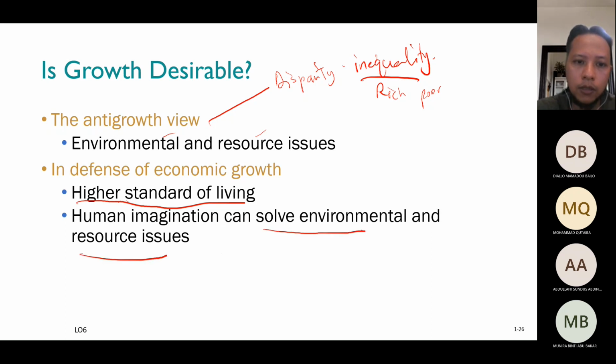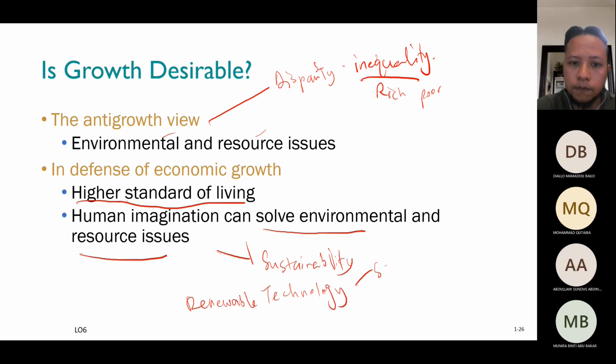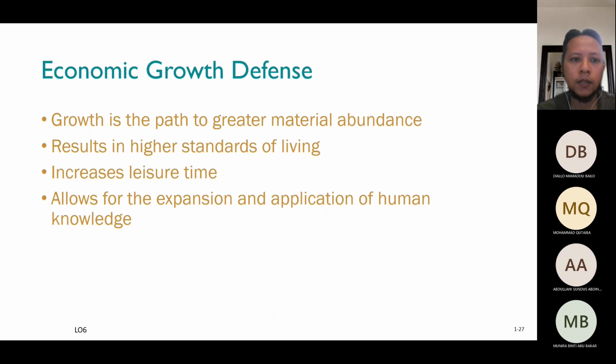Because of growth, now we see the movement in terms of sustainability and also technology, renewable technology in terms of solar, wind, electric vehicles. So these also come with growth as well.